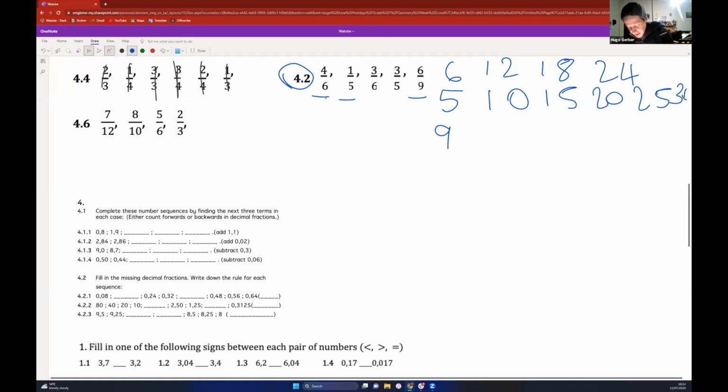For 9, we're going to have 9, 18, 27, 36, 45. And in that way, you keep going till you find something that they have in common.